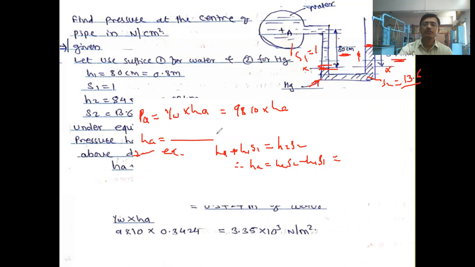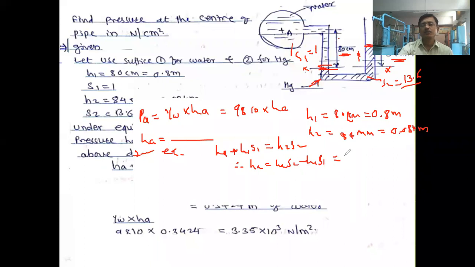You can convert that into meter. H1 is equal to 80 centimeter, so we can write here 0.8 meter. H2 is equal to 84 mm, which is equal to 0.084 meter, right?